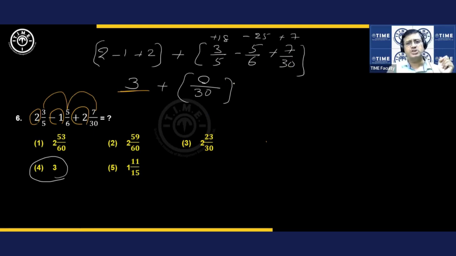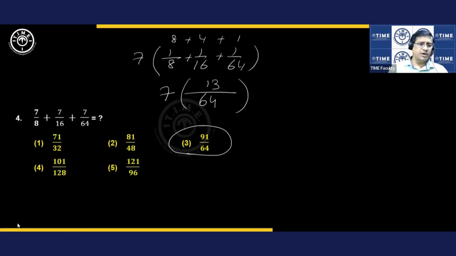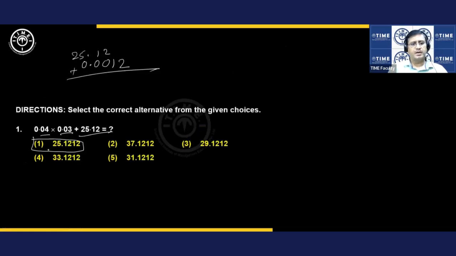Just by making the denominators the same, we can add the numerators. 30 is the LCM. 5 goes 6 times, 6 into 3, 18. 6 goes 5 times, 5 into 5, 25. 30 goes 1 time, so 1 time of 7, that is 7. Sum of the numerators is 0. 0 by 30, 0. So 3 plus 0, that is 3. Option number 4.